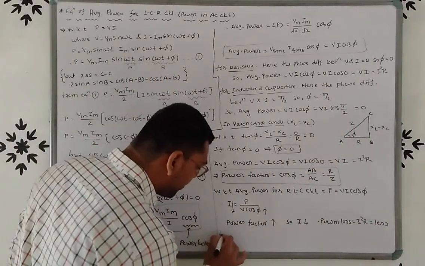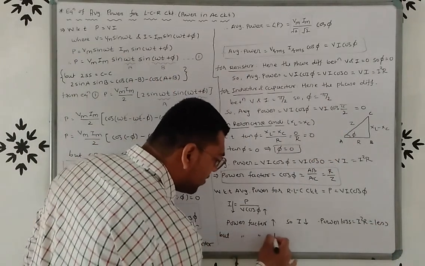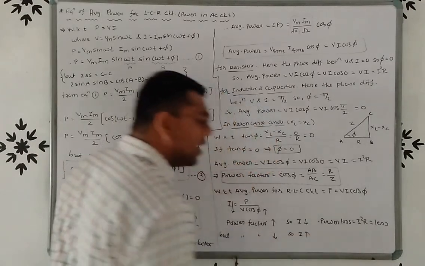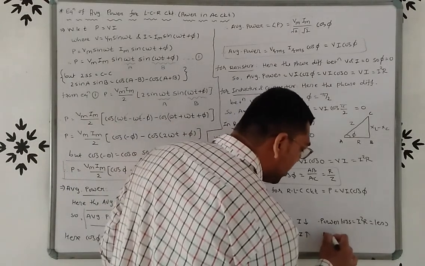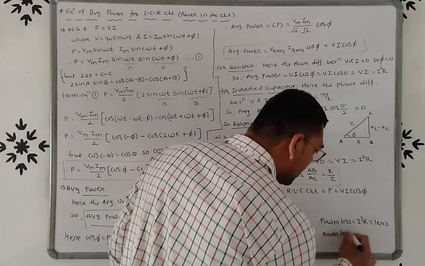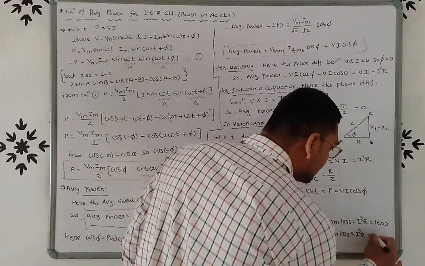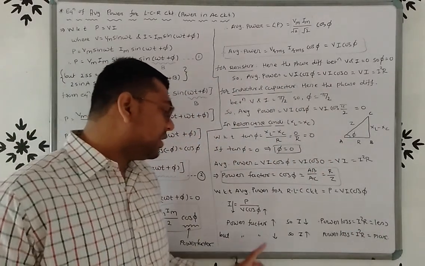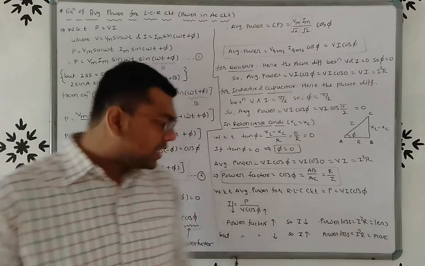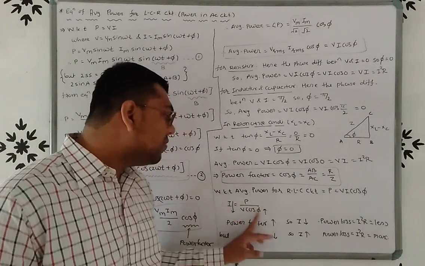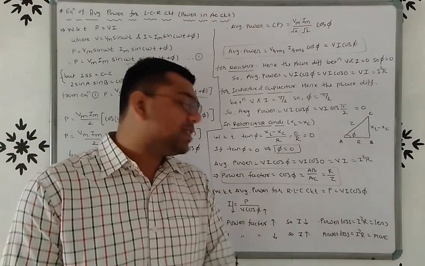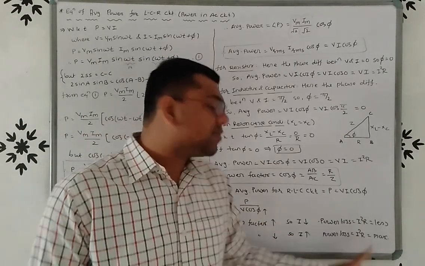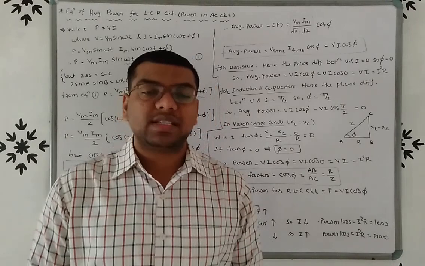But if the value of power factor is very less, then the value of current is high, so the power loss, which is equal to I square R, is maximum. Why? Because if the value of power factor is very less, there is an inverse relationship, so current will be maximum. So if current is maximum, then power loss I square R is also maximum, right?